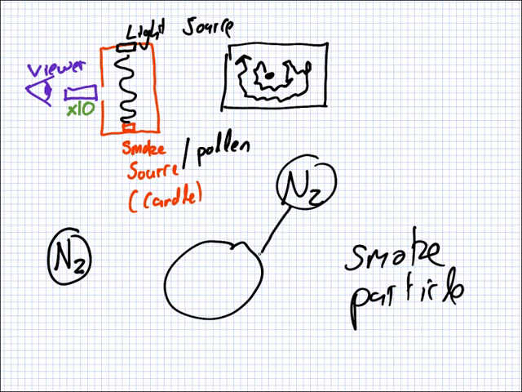The N2 would strike into this smoke particle, and what would happen to this particle? Which way would it move? It would move this way. Yeah? And then this one would strike into it, and then it would move this way. So it's getting hit randomly by the nitrogen, and this causes it to move in different directions.